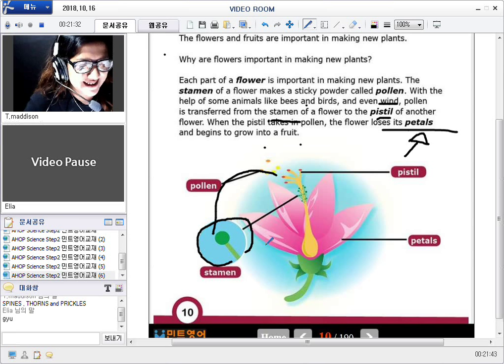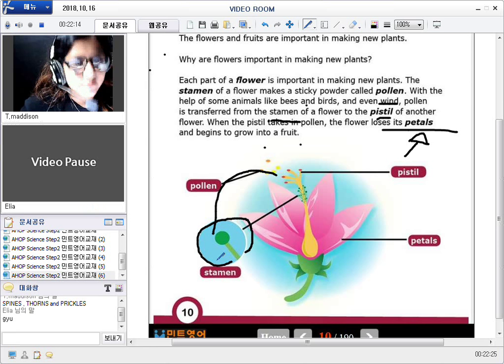So the stamen creates pollen, and the wind and bees and birds and insects help pollen to arrive at the pistil.